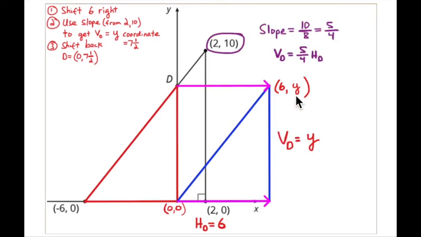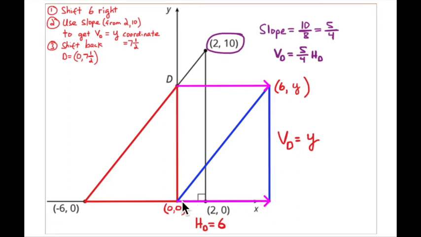Now what's that equal to? That is equal to the slope. That's equal to this 5/4. So the number of units in the vertical direction is equal to 5/4 times the number of units in the horizontal direction. So that y right there is equal to 5/4 of these 6 units. Because I slid this over 6 units to the right.